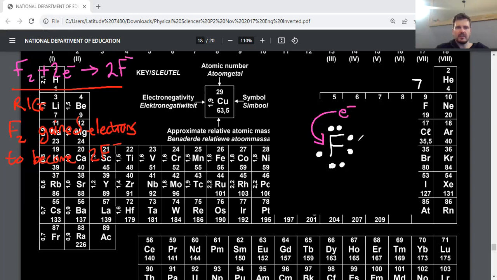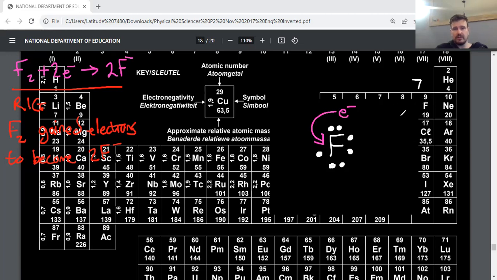We know that atoms aspire to be noble. They want to get that noble configuration, that neon. So fluorine, rather than lose 7 and become like helium, would rather gain an electron and become like neon. This is why fluorine is so electronegative.